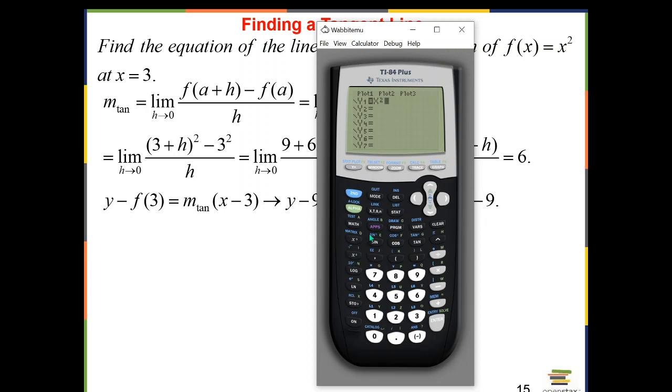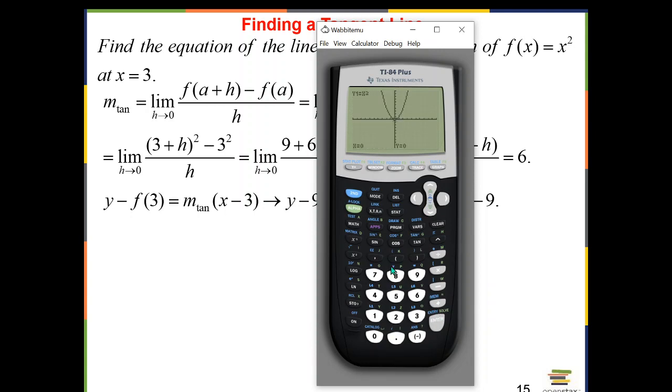So here's x squared, and we can graph it maybe in zoom 6. And then we can go over here and go to graph and then go to draw. And then you see tangent right there.